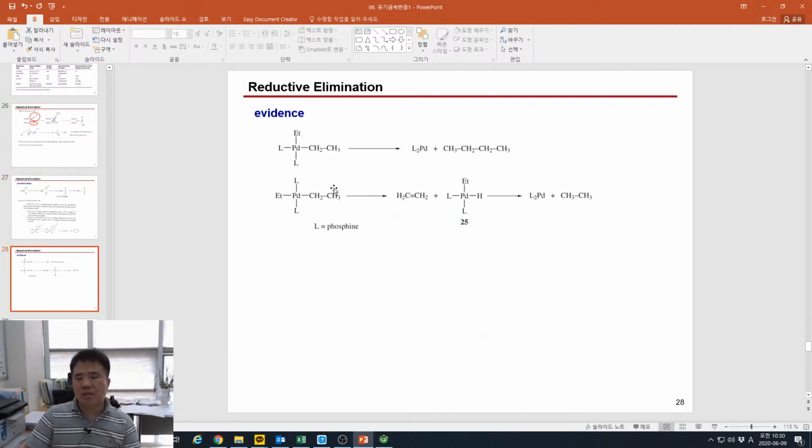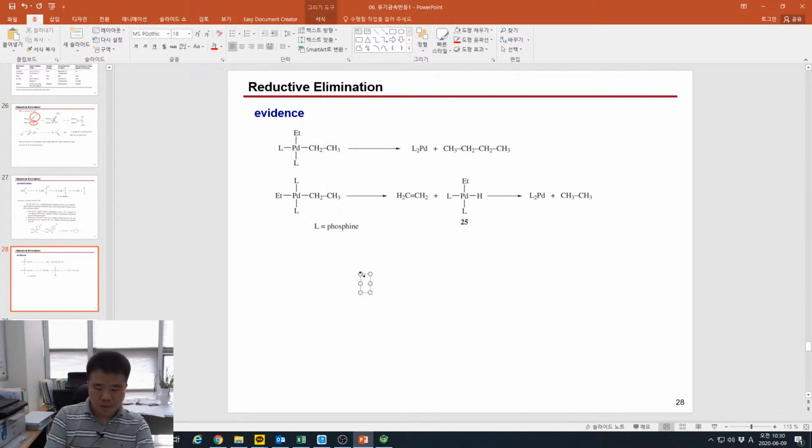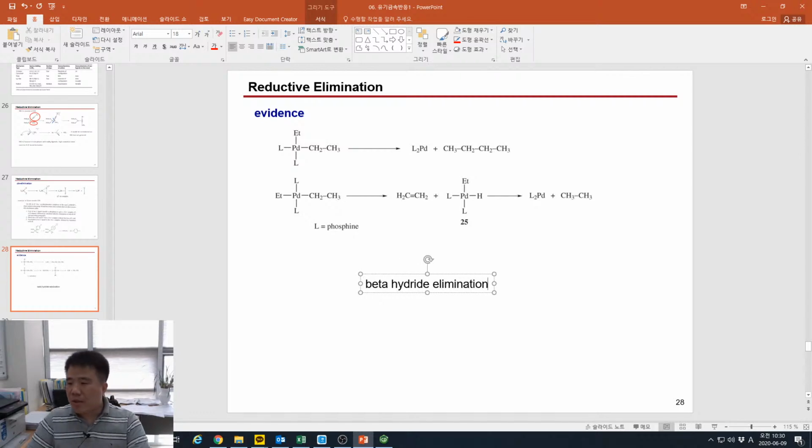In the case of trans position, instead of reductive elimination, beta hydride elimination takes place. What is beta hydride elimination?